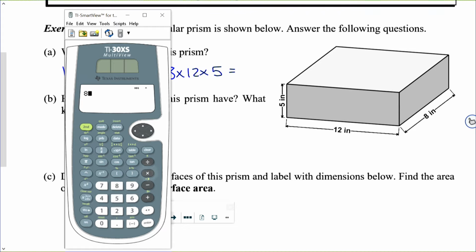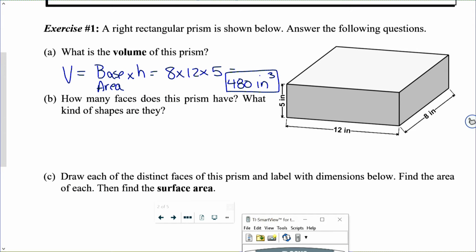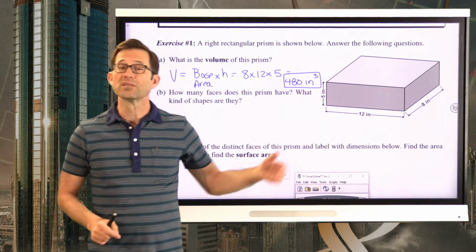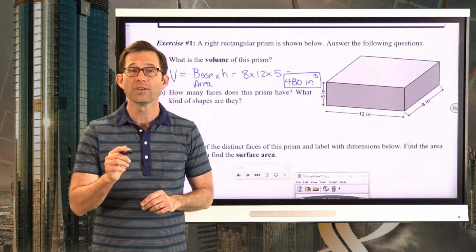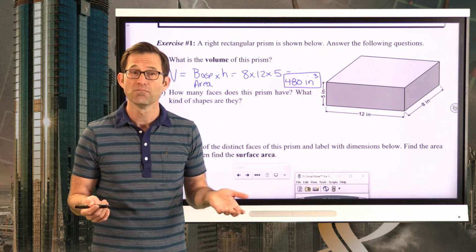We're just going to do 8 times 12, and then multiply by the height, and we find that our volume is 480. Make sure to get those units correct, cubic inches. Not inches, but cubic inches. And literally, what that means is that this object would contain 480 cubes that are 1 inch by 1 inch by 1 inch. And that's it.